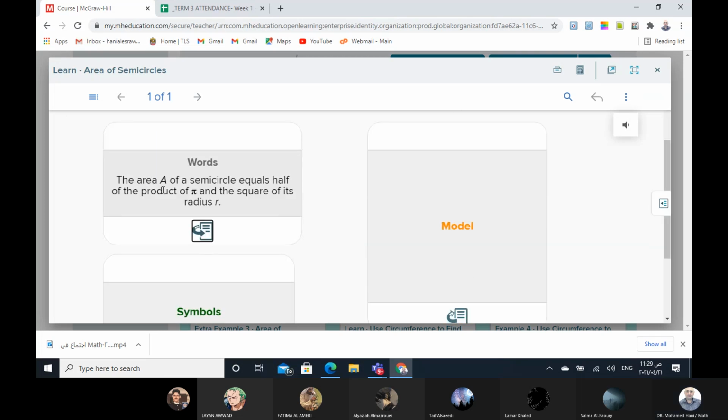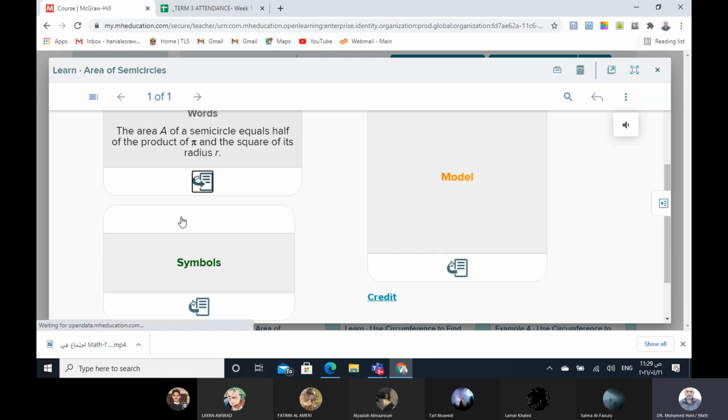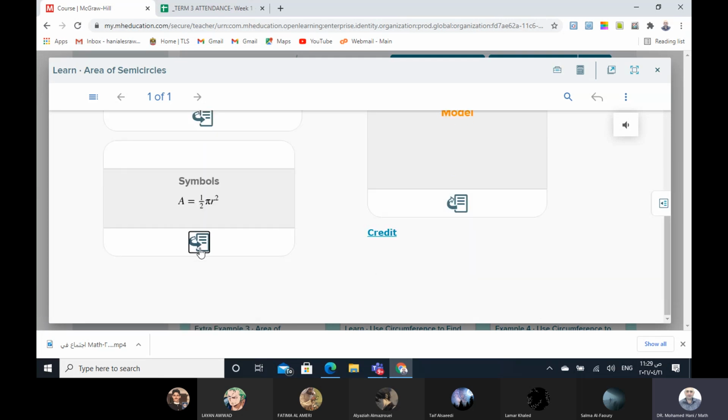So the area A of a semicircle equals a half of the product of pi and the square of its radius r. The formula will be A equals, just add 1 over 2 to the formula. When you want to find the semicircle, just add 1 over 2 to the formula. So A equals 1 over 2 pi times r squared.